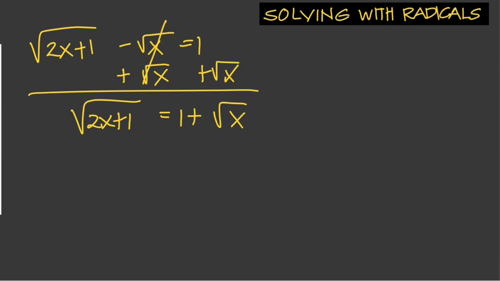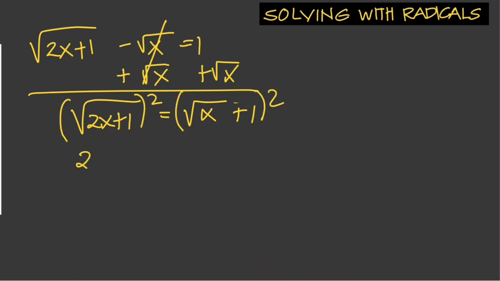Then we square both sides, and this is just equal to 2x plus 1 equals, okay, we recall from the special products, the square of the sum. So square root of x plus 1 squared is just x plus 2 square root of x plus 1.